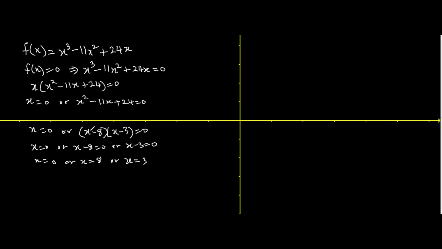Of course, now we will also obtain the y values by substituting each of these s values into our original function. So we are going to find f of 0, f of 8, and f of 3. And of course, you do this, you will be able to get the point.